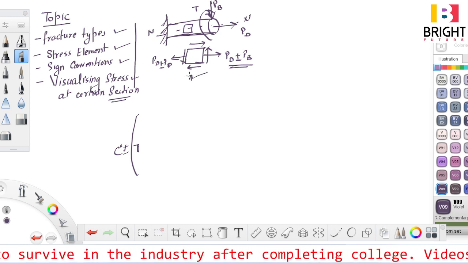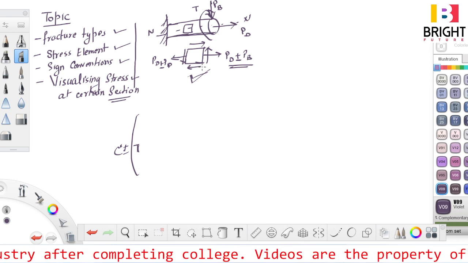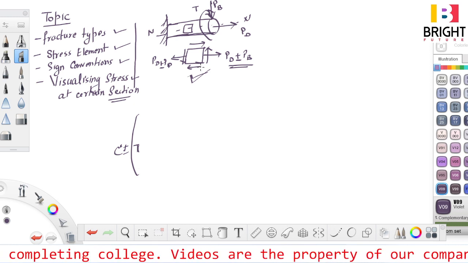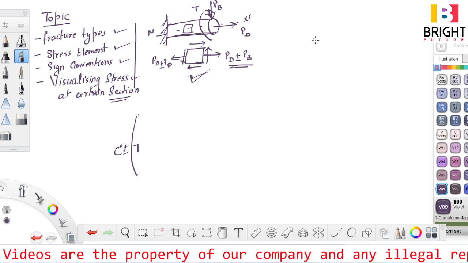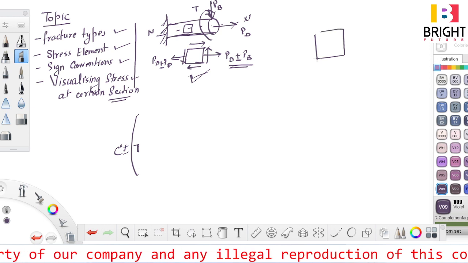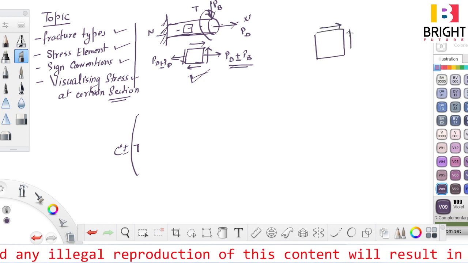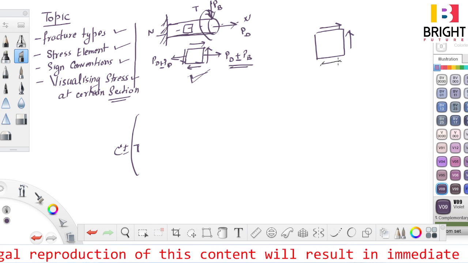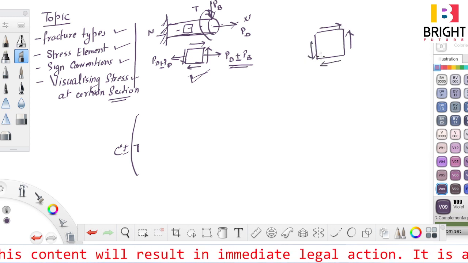In the whole subject we will draw the stress element most of the time to do all our calculations. Now this stress element has some sign convention. For example, if this is the stress element and this is called a positive stress element, you can remember this, that these two arrows are pointing toward each other.